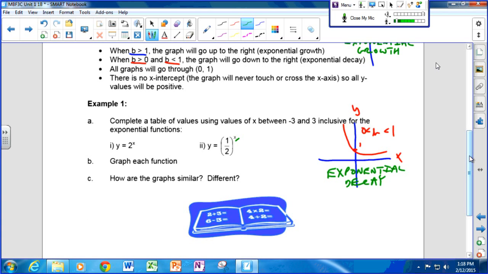Try to keep your eyes on the destination, not where you don't want to go. The example here says complete a table of values using values of x between -3 and 3 inclusive for the exponential functions. So it's going to ask you to graph these, to make a table of values.